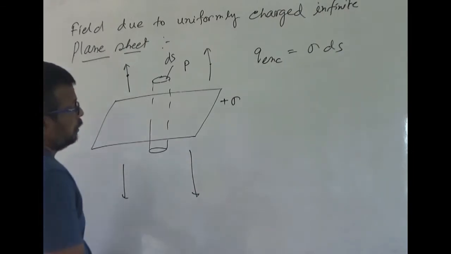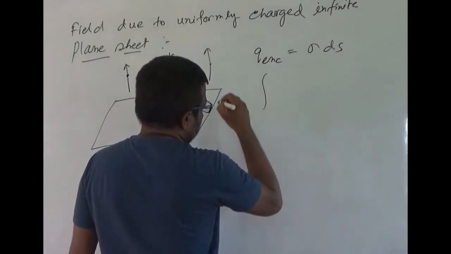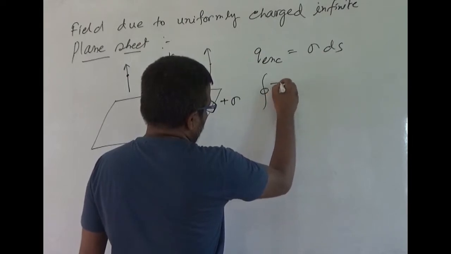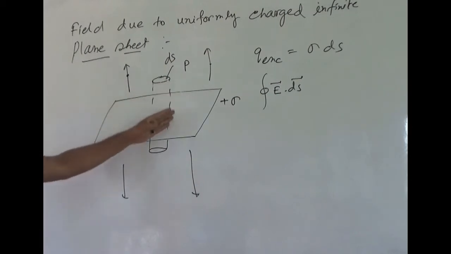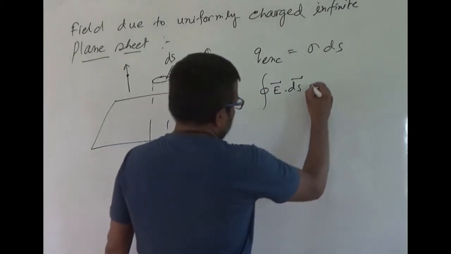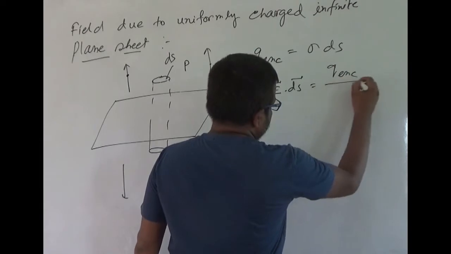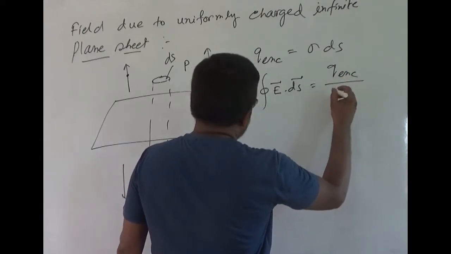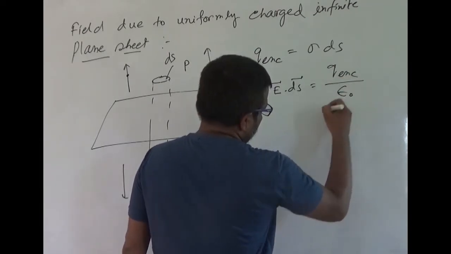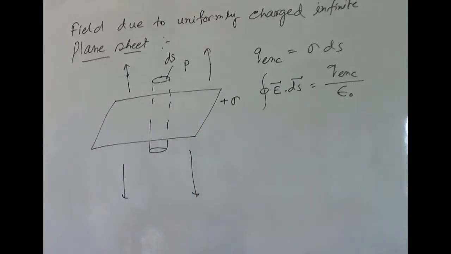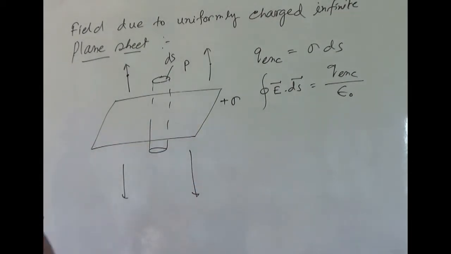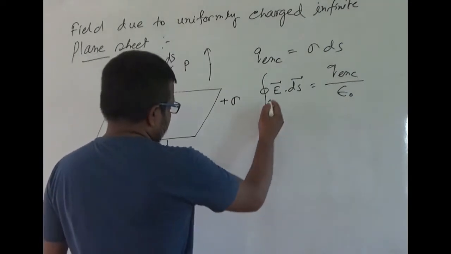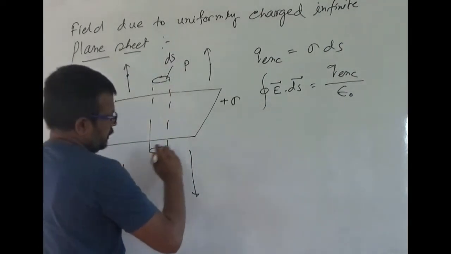Now, according to Gauss's theorem, the closed integral of E dot ds, that is the total flux through this Gaussian surface, will be equal to Q enclosed, the charge enclosed by the Gaussian surface, divided by epsilon 0, if the surrounding region of the plane sheet is vacuum or air. Now you can divide the closed surface into three surfaces.